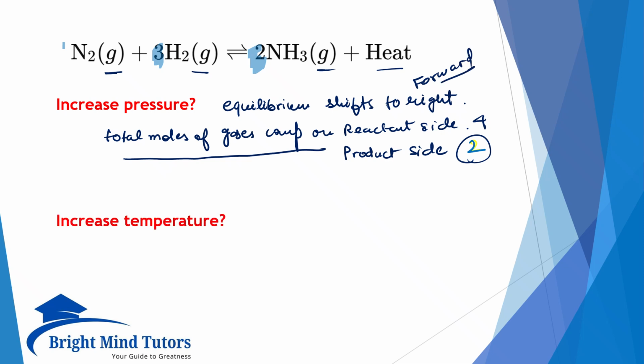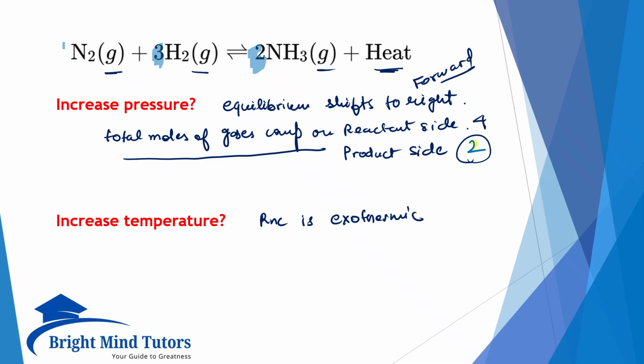Okay. The next part is if I try to increase the temperature. Now the delta H value for this reaction is given to me. It's releasing heat. The forward reaction is exothermic. Exothermic means it's already liberating the heat, and I'm trying to increase the heat now. So what's going to happen? Think. It's going to shift in the direction such that it absorbs that extra heat added.